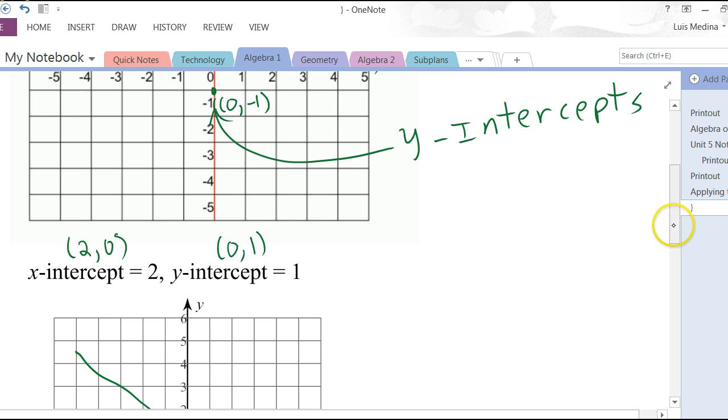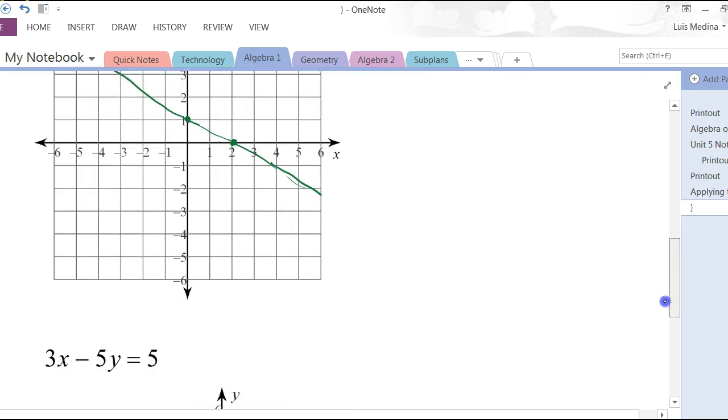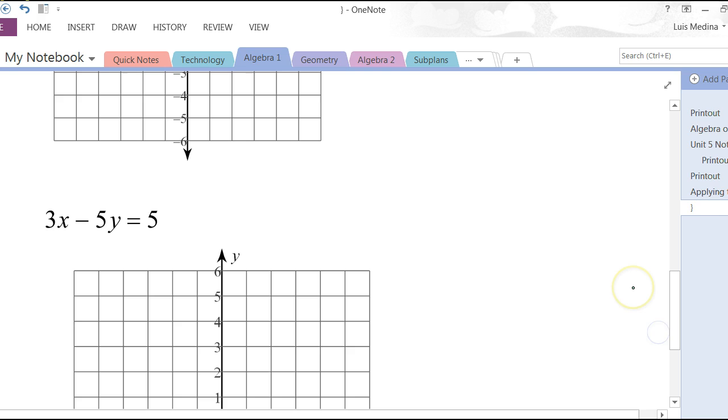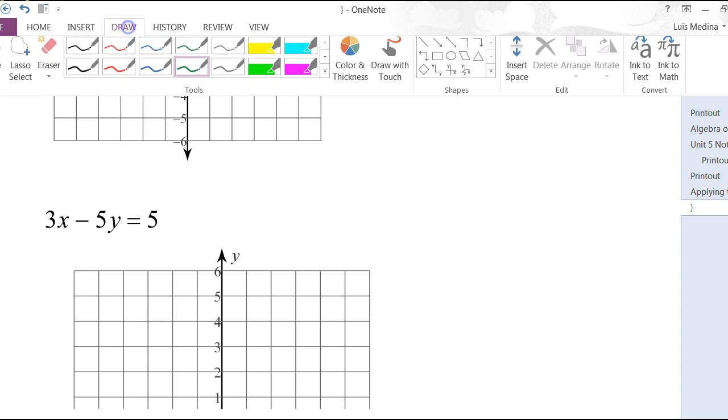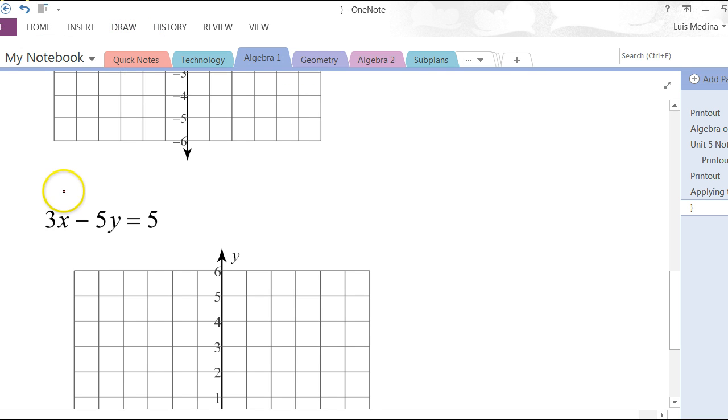Alright, let's move on to the next one. Now this is the one that I was telling you how it comes in standard form, right? And the formula goes like this: ax, I know it's a minus here, but la fórmula general is ax plus by equals c, okay? Where a, b, and c are real numbers, and the x and the y are variables.